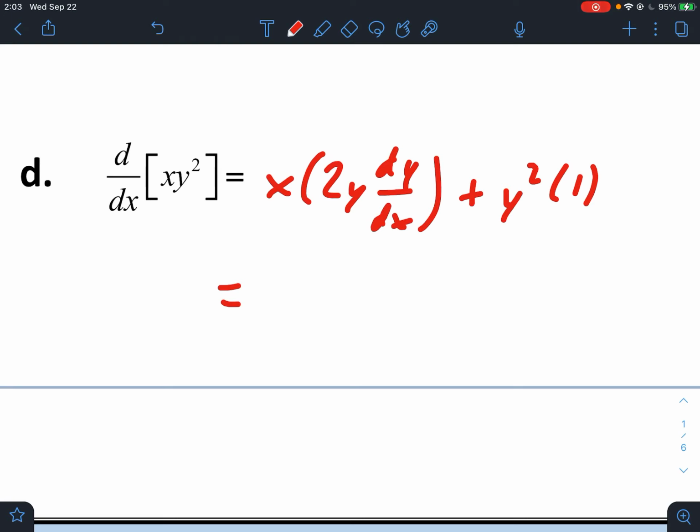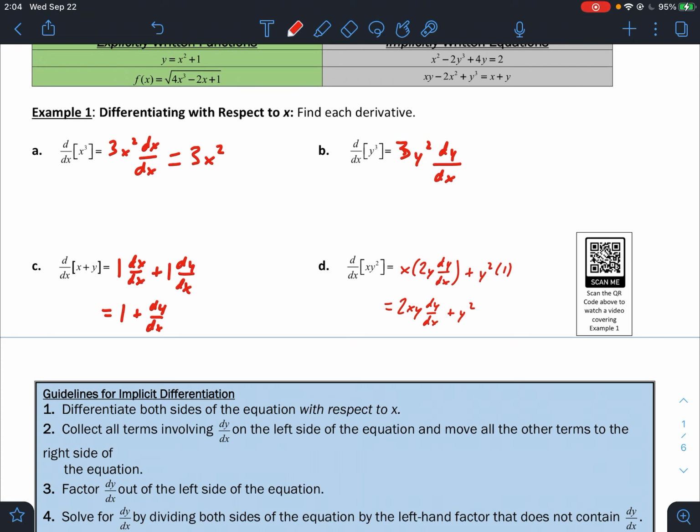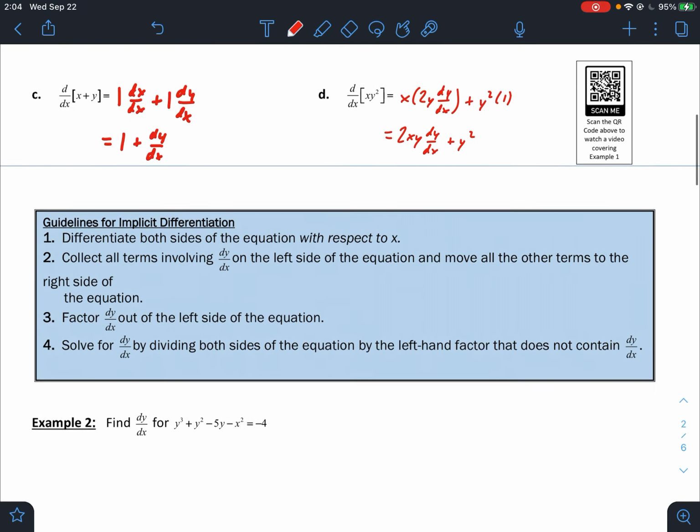Clean this up a little bit, we get 2xy dy dx plus y squared. So you can see how when we're taking derivatives of a different variable with respect to x, we can't just ignore the dx part because it's not going to be 1.